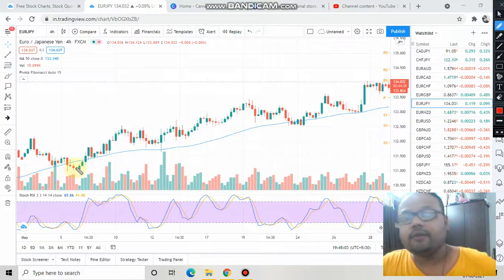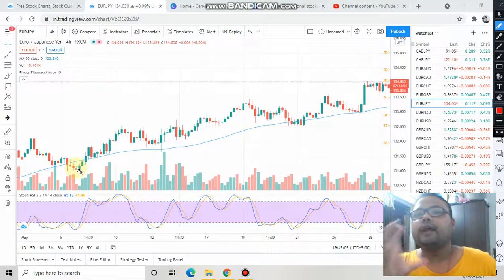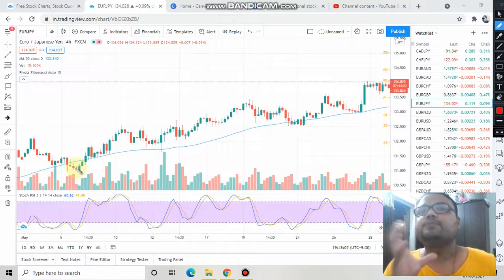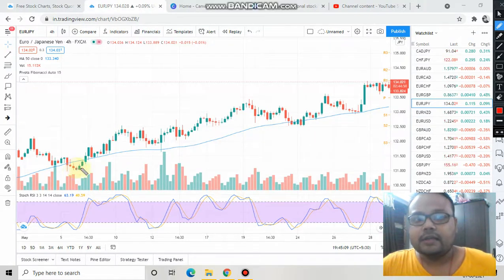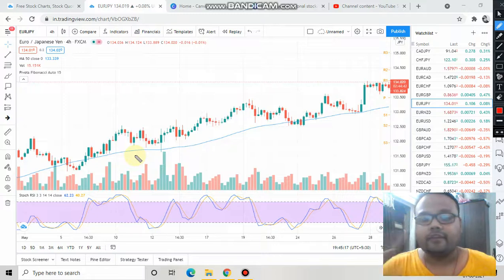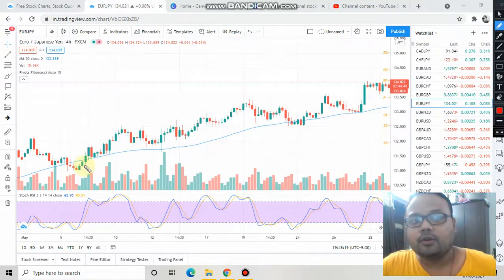But still the 50 moving average was trying to hold its position as a support. So in this type of market, you need to wait. If the market comes down and crosses the 50 moving average, do not buy right away. Wait for the market to go up and cross the 50 moving average again like this. Then only you should go for the buy order.